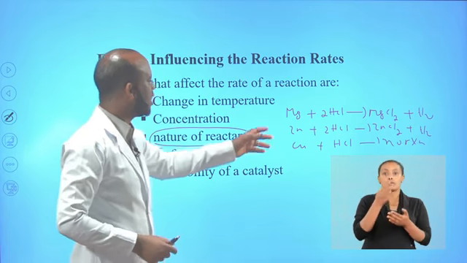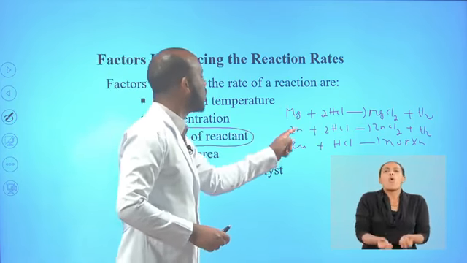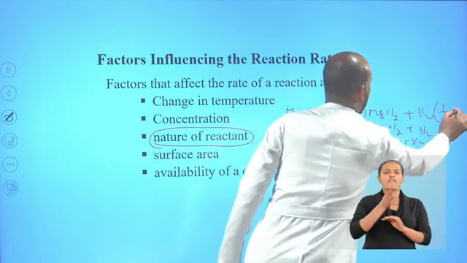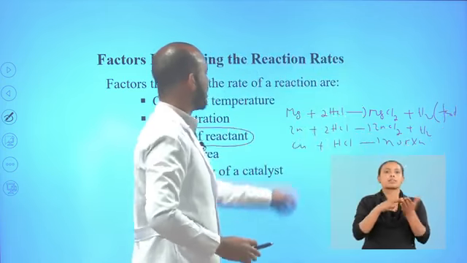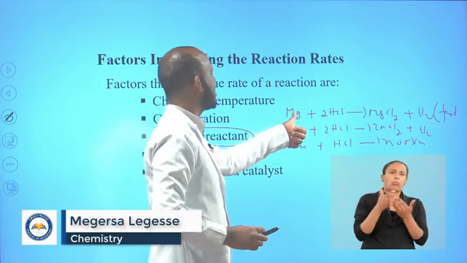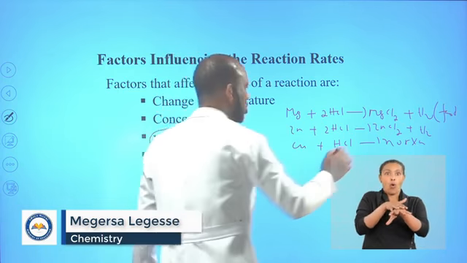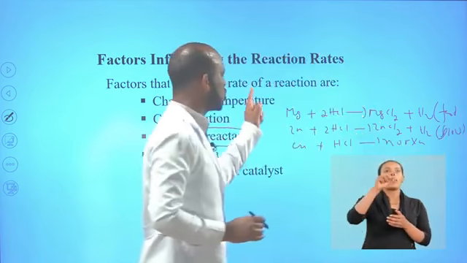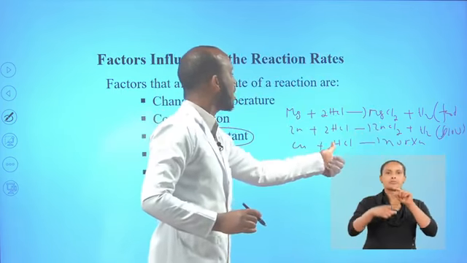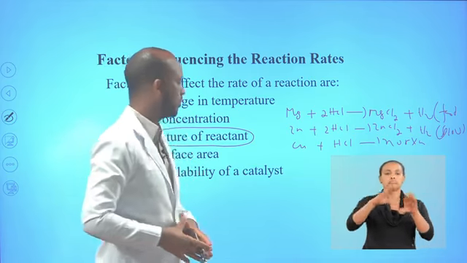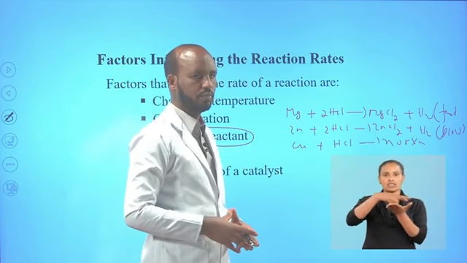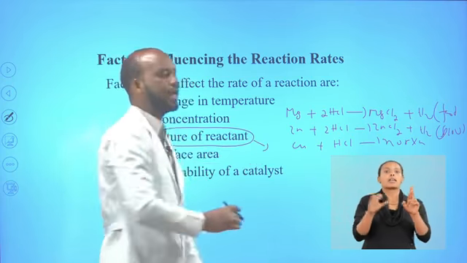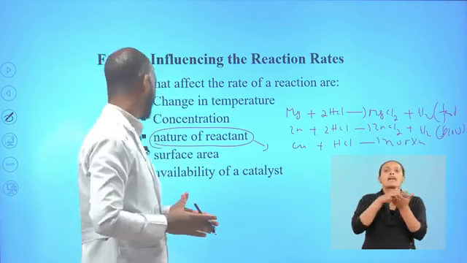Magnesium is more reactive than zinc. Therefore, this reaction is fast. Zinc is less reactive than magnesium, so this reaction is slow. Copper can't displace hydrogen from the acid. No reaction. Therefore, nature of the reactant is chemical behavior of reacting substance.